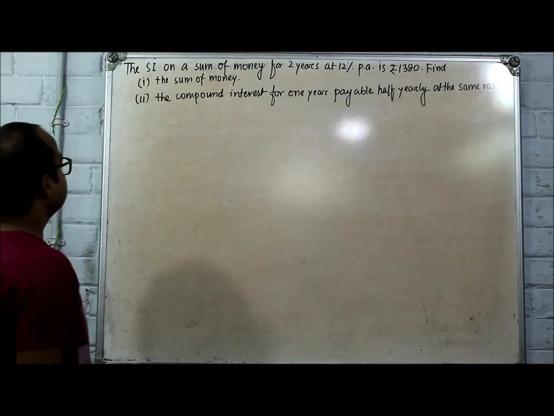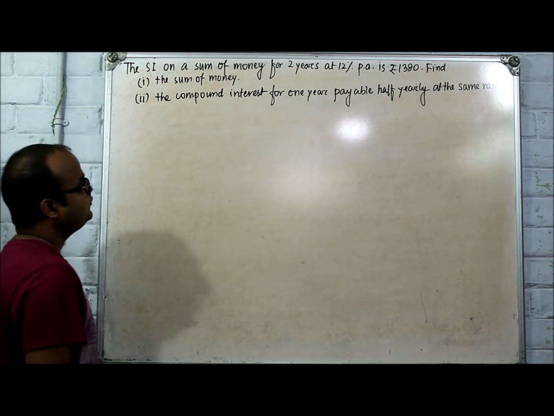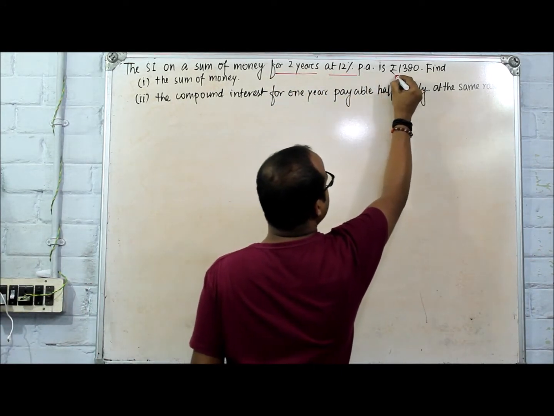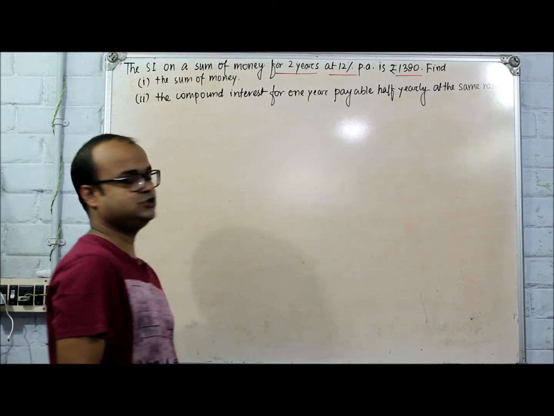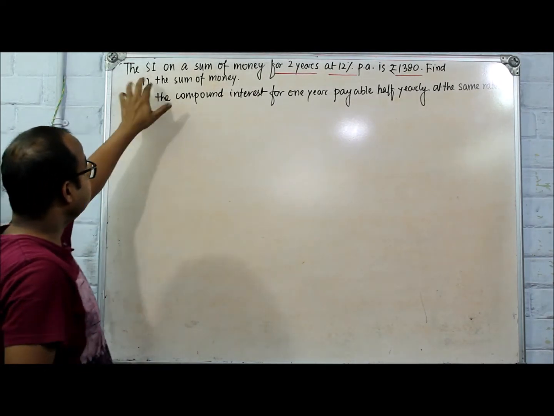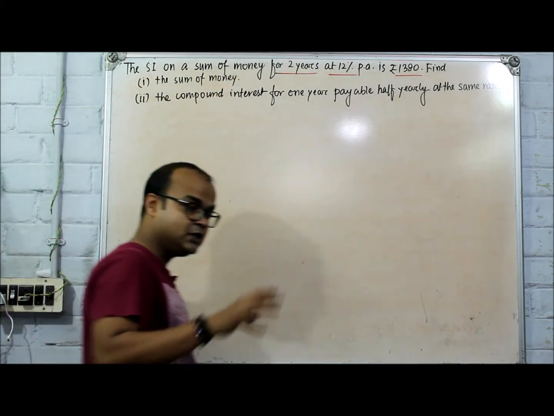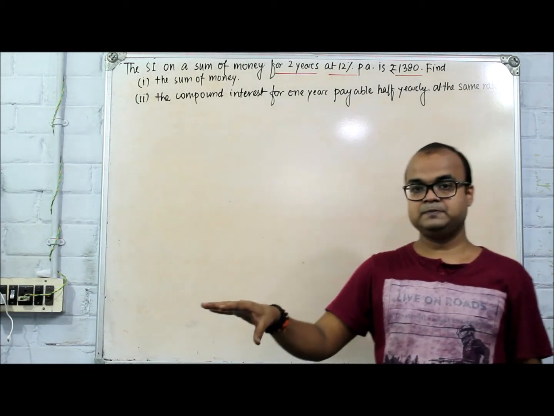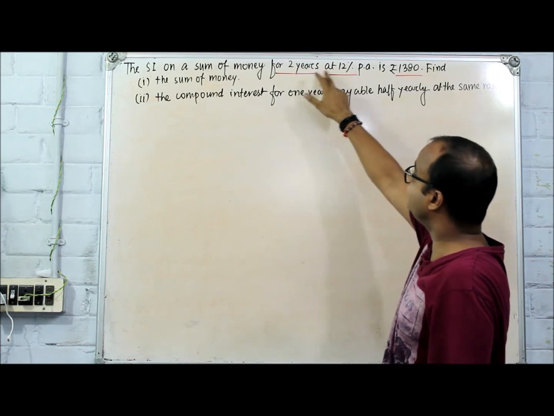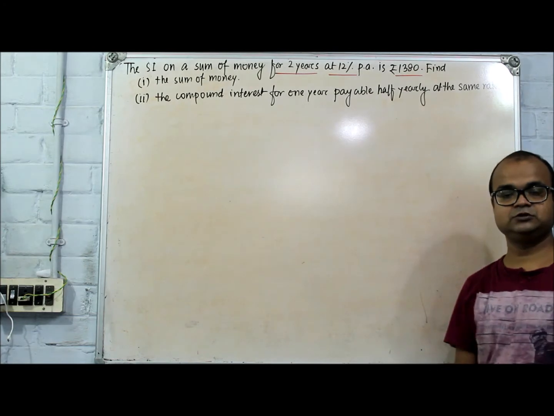Let us discuss another problem. The SI on a certain sum of money for 2 years at 12% per annum is rupees 1380. So this is the information given. It is given that the SI on a certain sum of money, that means for some principal, for 2 years at 12% per annum is given as 1380.